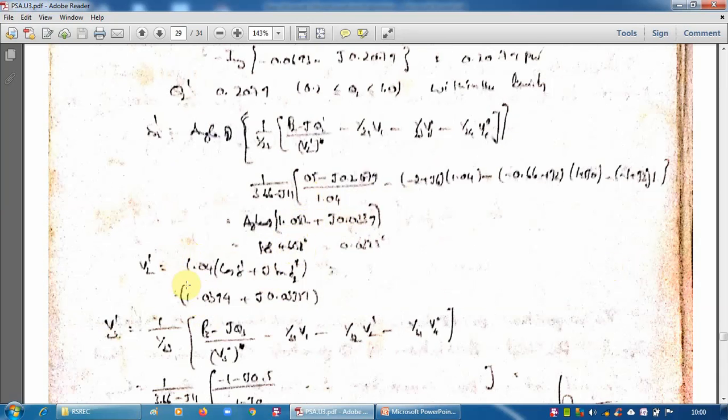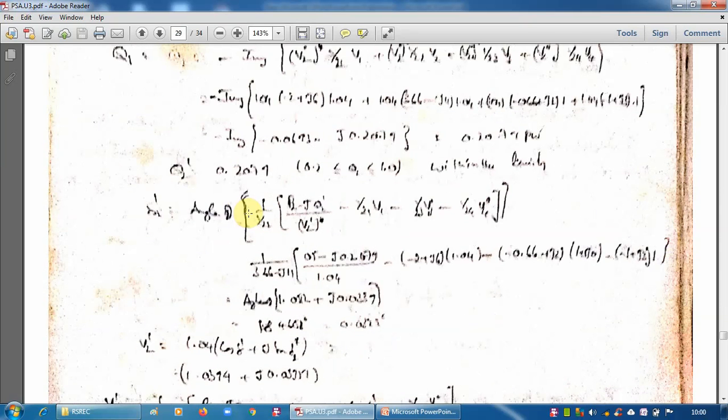Note that for the second bus, the voltage magnitude is given as 1.04. The angle we now calculated. Use that angle here and express this V2 in complex form. So finally this is the value of V2. So like that, as the second bus is a generator bus, we first calculate Q2, check it for the limits, it is within the limits.